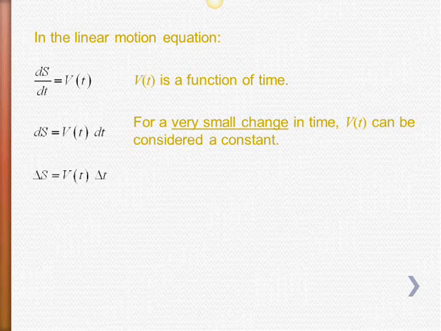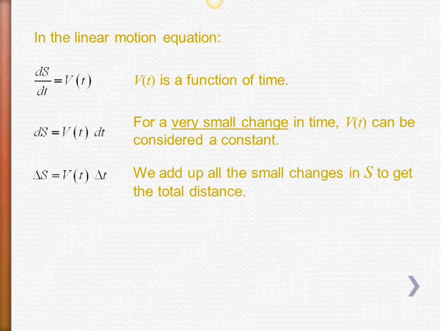Therefore, our change in s will equal our velocity times that little change in t. We add up all those little changes to get then that total distance. This should be recognizable as the area of a rectangle. Your height times your base gives you the area of that piece. And then we add up all those pieces.